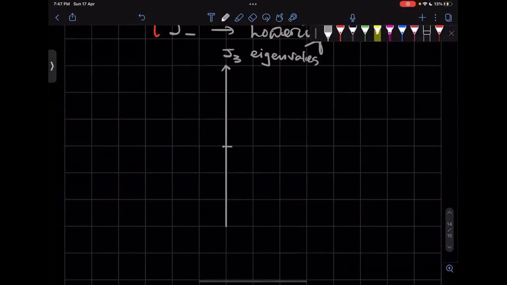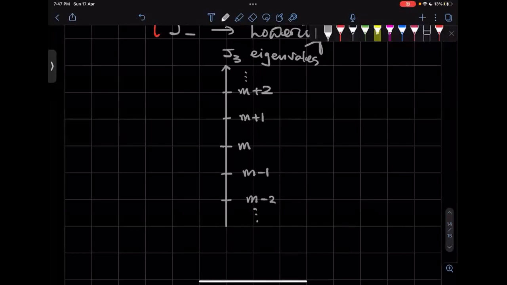Suppose that M is here. Then M plus 1 is here, M plus 2 is here, and so on. Here we'll have M minus 1, M minus 2, and so on.